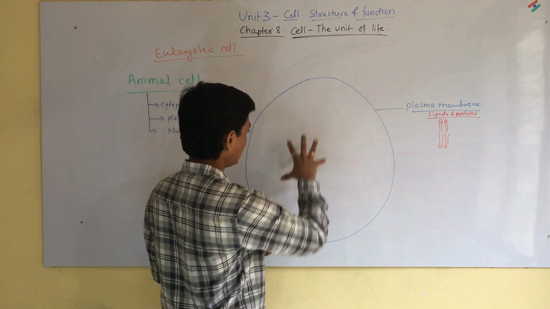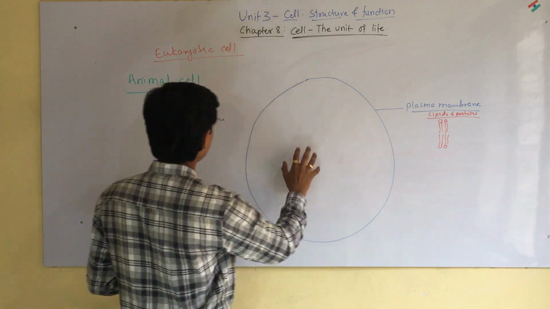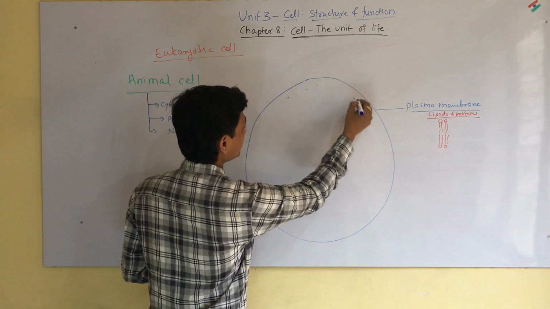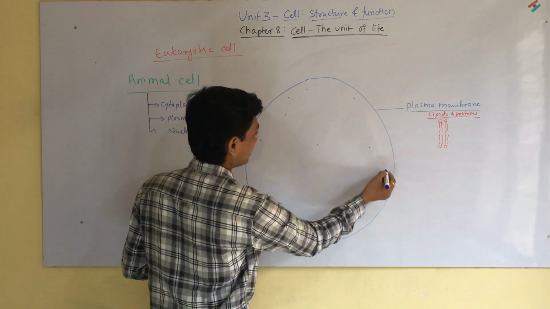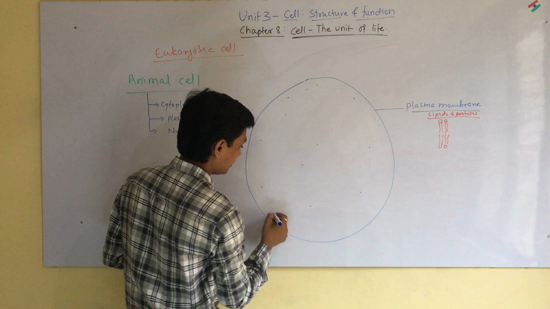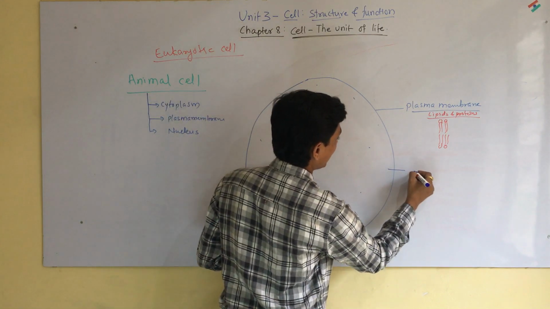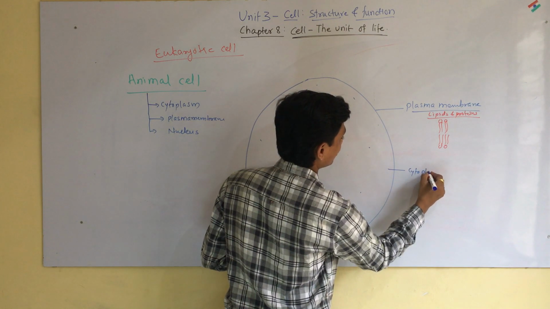Then second, this is the inside portion of the cell. Inside this, the cytoplasm is present, which is the fluid present in the cell inside the plasma membrane, known as cytoplasm.